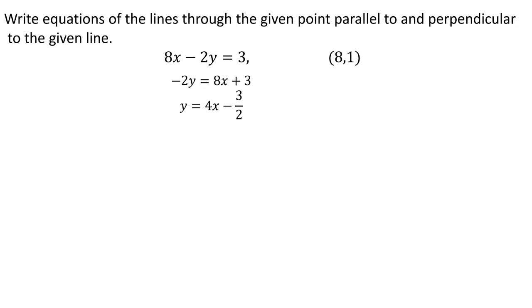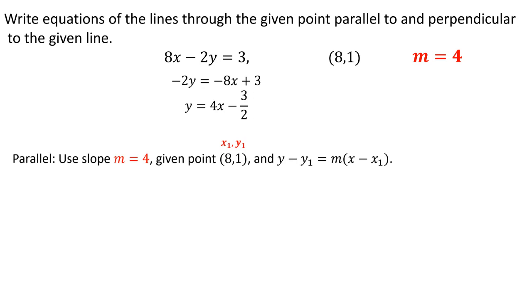So if I want to find a parallel equation to this, it has to have the same slope. Parallel lines have the same slope. So let's go ahead and find our parallel one. Again, the best way to solve for the equation is using my point slope formula.